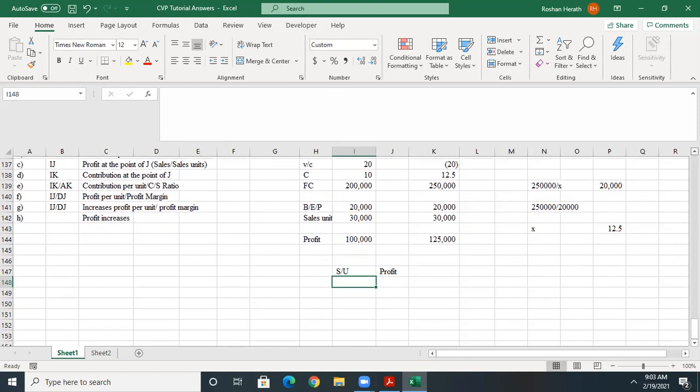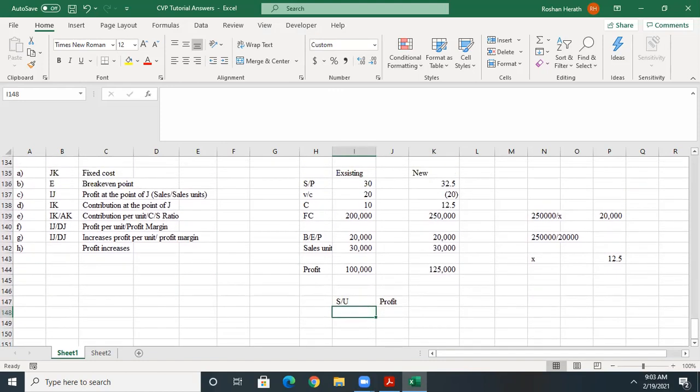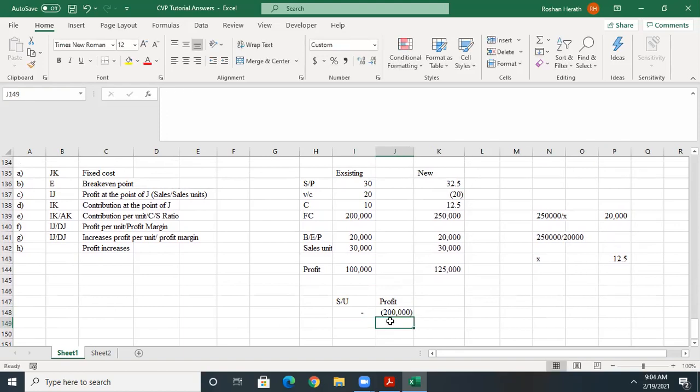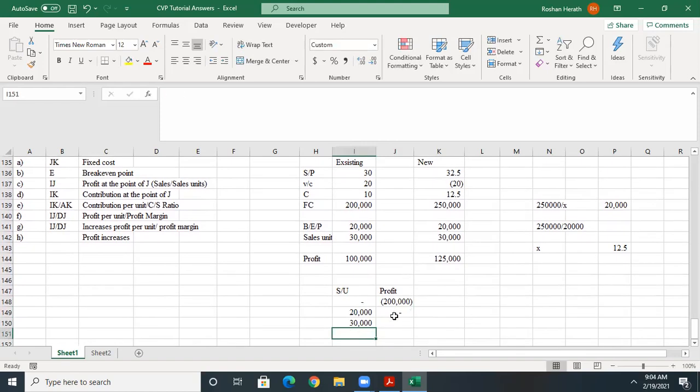So sales unit of 0, your profit is going to be your fixed cost, 200,000. So if you make the sales unit of 20,000, then your profit is going to be 0. If you make sales unit of 30,000, then your profit is going to be 100,000.